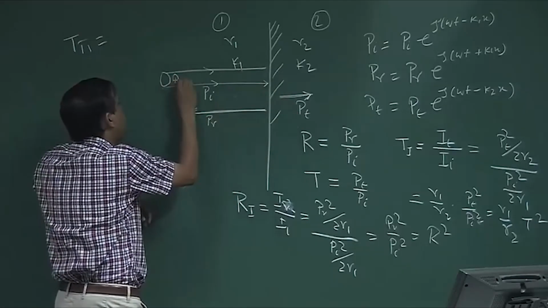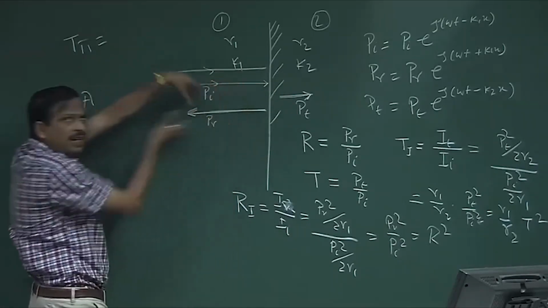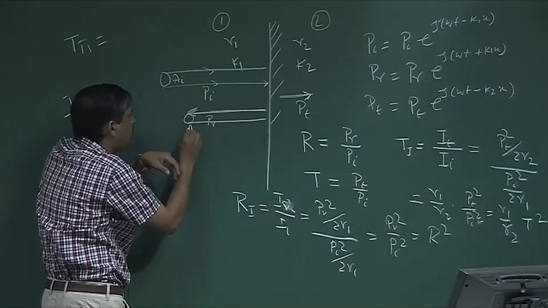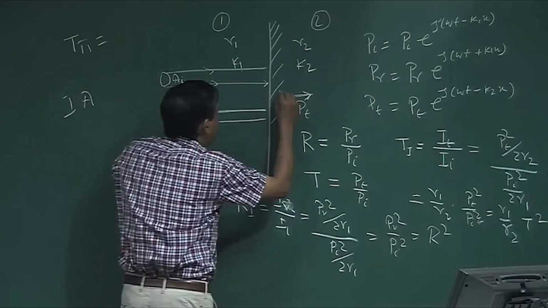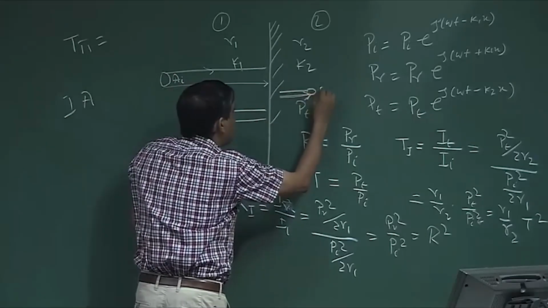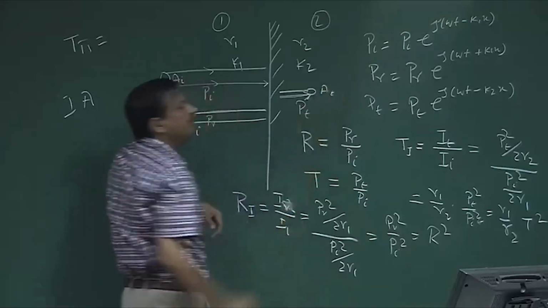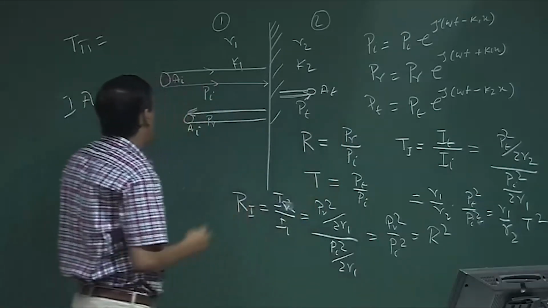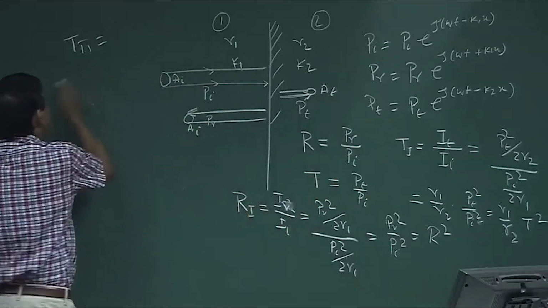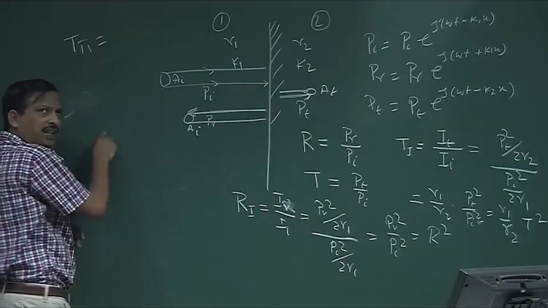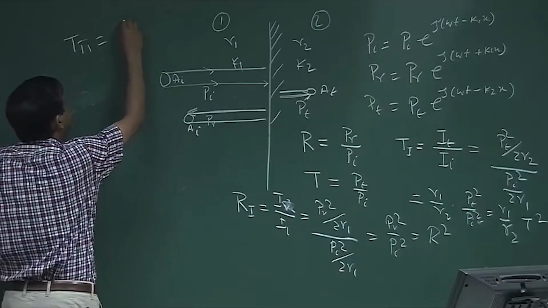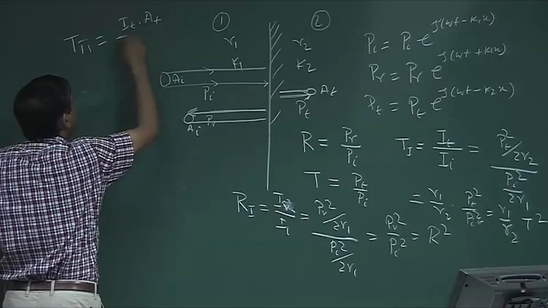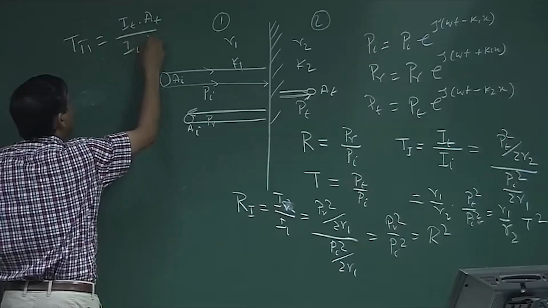The same area will be reflected, so the reflected area is also Ai, but the transmitted area may be different, let us say At. So the transmitted power coefficient is the transmitted power divided by the incident power, which is It into At divided by Ii into Ai.